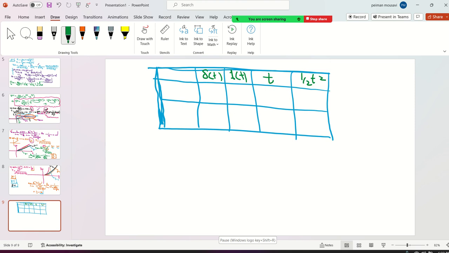And this is the first order system, 1 over tau s plus 1, closed loop transfer function. And the second order system, omega n squared over s squared plus 2 zeta omega n s plus omega n squared.